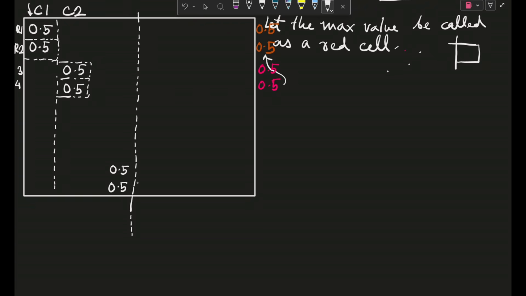Wait, I made a mistake. It's actually not ending here. I'm sorry. The number of 0.5s, 2025, is an odd number. So if you divide that by 2, you will get a remainder of 1. So I guess there will be 1 space left over here. So 0.5 above, and I hope this will end like this. And this will end at 1012 places.